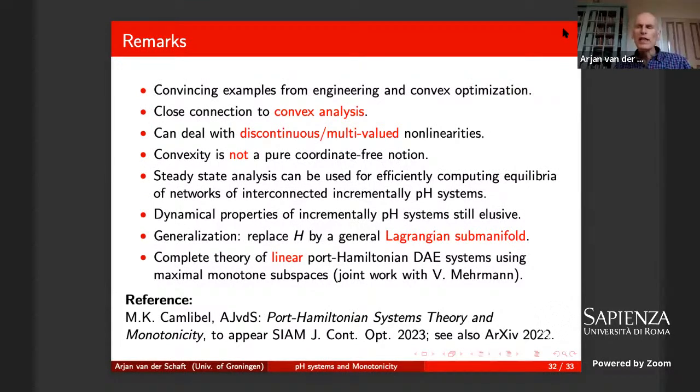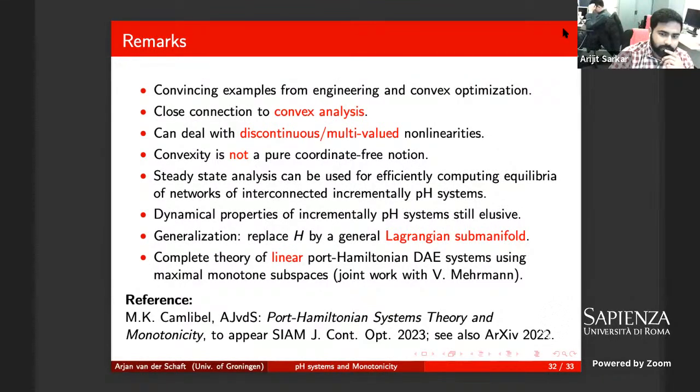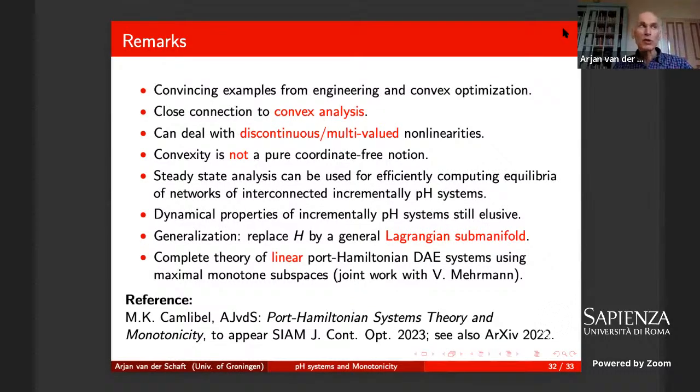No. So indeed, there are different meanings of the word monotonicity. One is the one I was talking about, monotonicity in the convex analysis context, so monotone multi-valued maps, monotone relations.